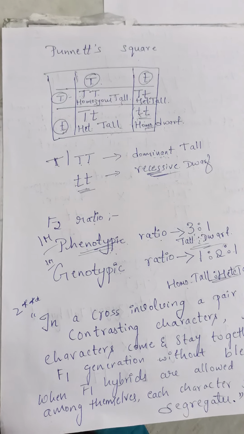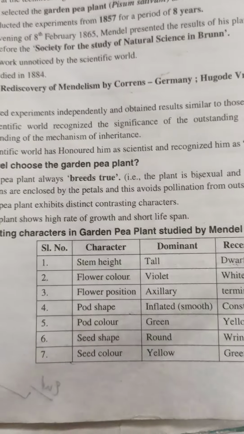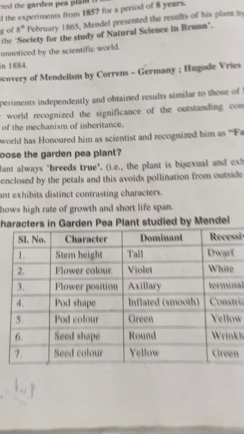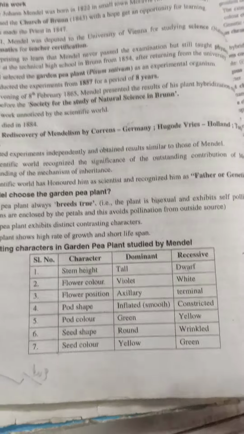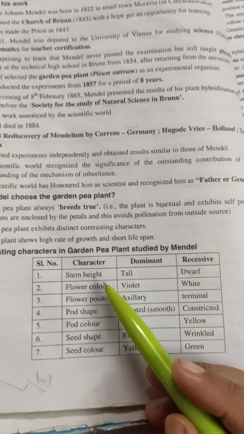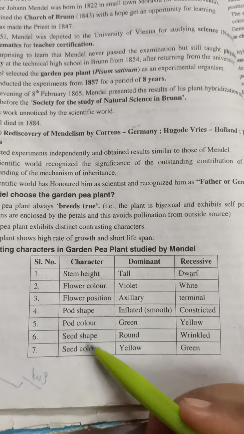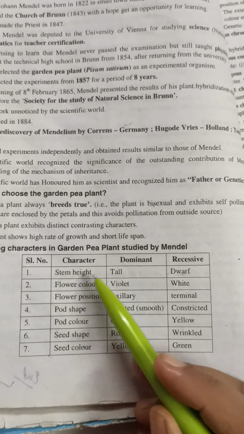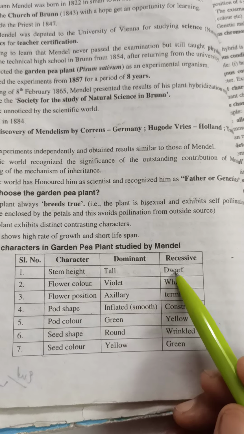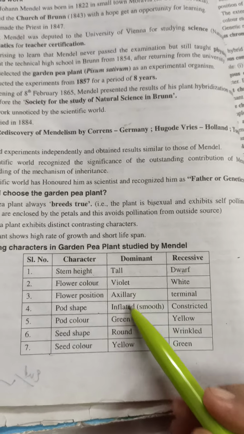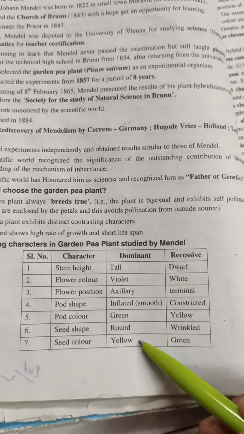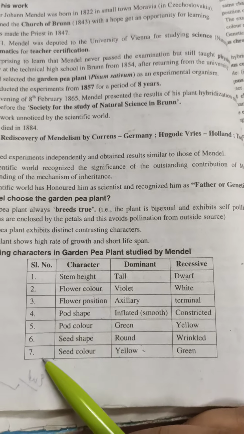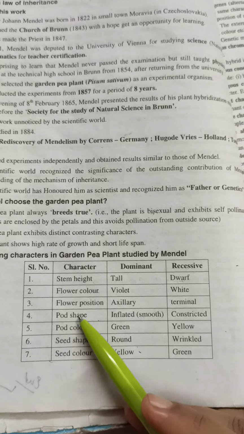So this is about monohybrid cross. See, when it comes to monohybrid cross, I have told you the different names, how to do the crossing, everything. Now it is your work to do the rest of the examples. Out of this I have done the stem height, I have crossed tall and dwarf plant. The rest, 6 examples are there. No need of doing all 6, at least you can do 3 examples.